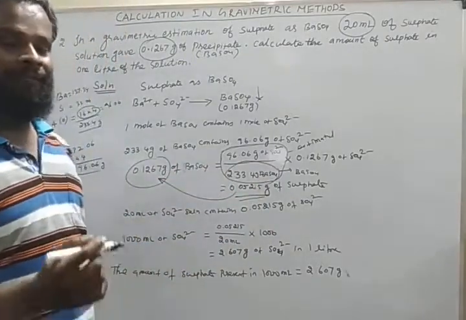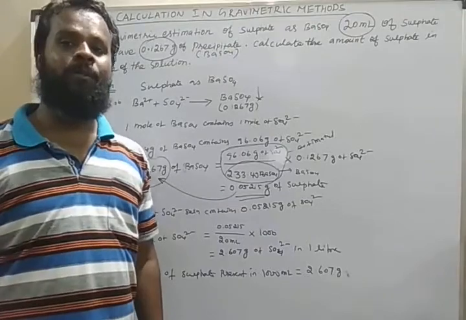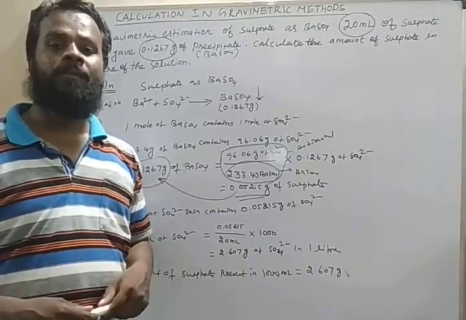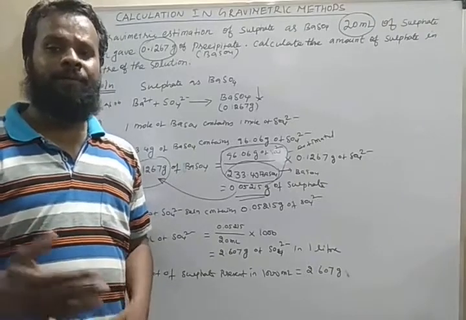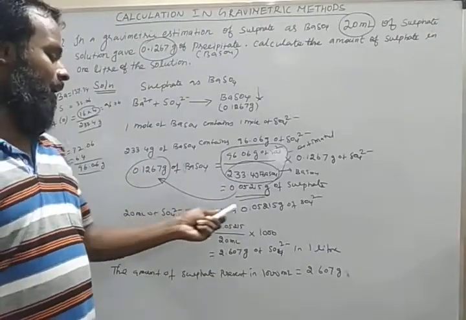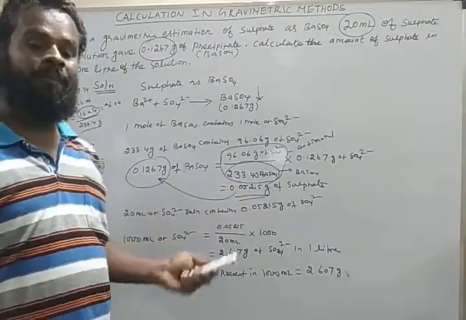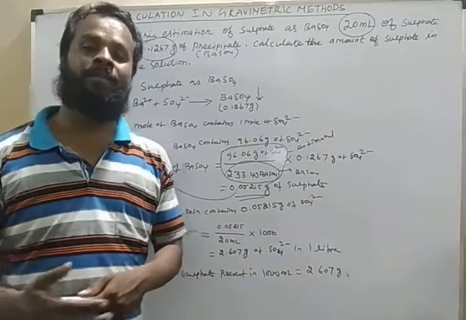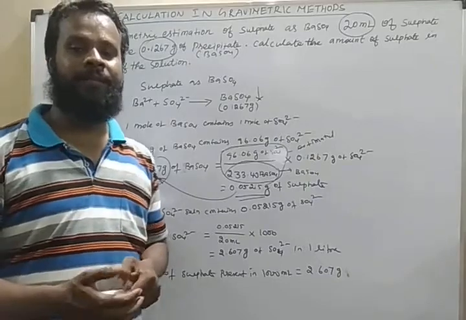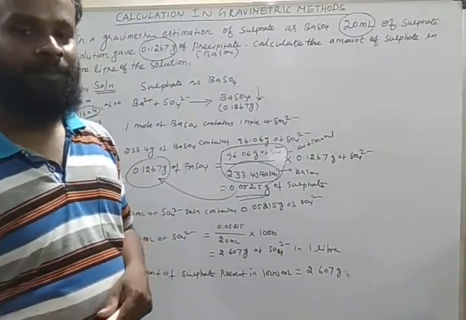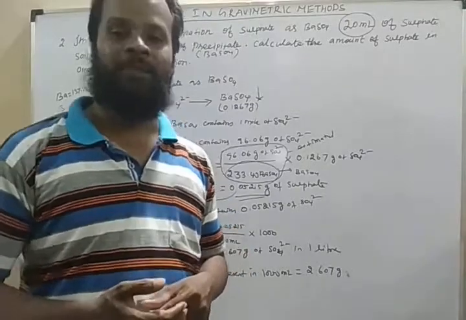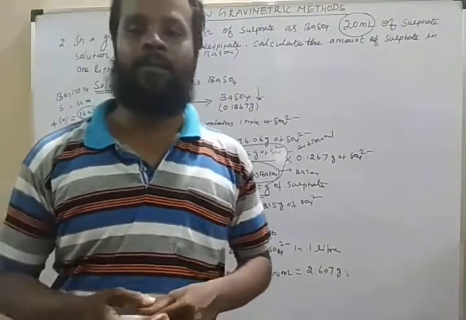If the amount of the substance precipitated is multiplied with the gravimetric factor, we will get the value of the amount of the particular ion or the substance present in the solution. Likewise, we can calculate the ions or the substance present in the solution gravimetrically. Thank you.